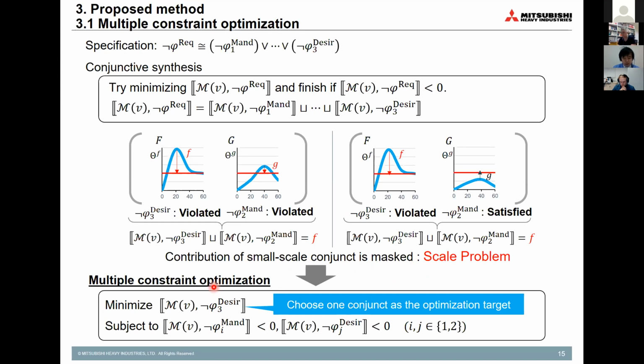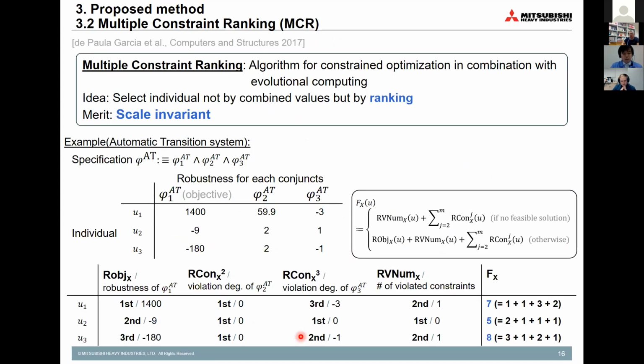To escape from this, we reduce the conjunctive synthesis to multiple constraint optimization. One conjunct is selected as the optimization target, and the robustness of the other conjuncts is separated as constraint functions. There is another problem. In each conjunct, the scale of variance is different, and that makes hill climbing optimization ineffective.